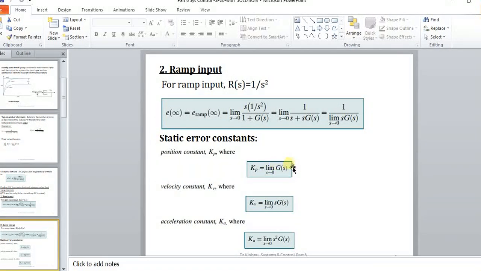That means you have a function G(s), just put s equal to 0 here, you will get a number, and that number is Kp. Then Kv is similar to Kp, but you are going to apply limit s tends to 0 not to G(s) but s times G(s). Similarly, Ka, that acceleration constant, is given by limit s tends to 0, s squared G(s). That is s squared, it keeps going like this.